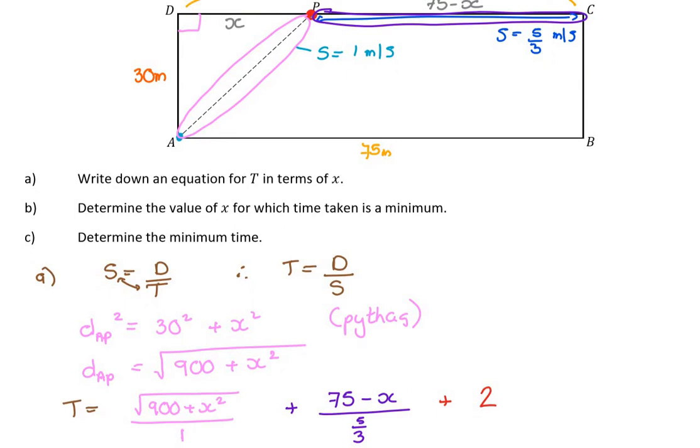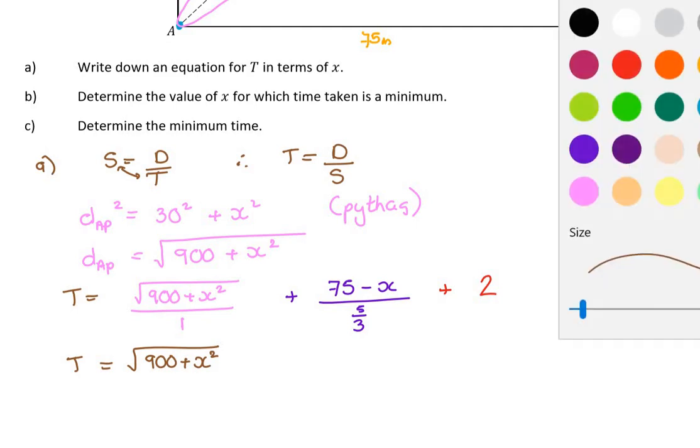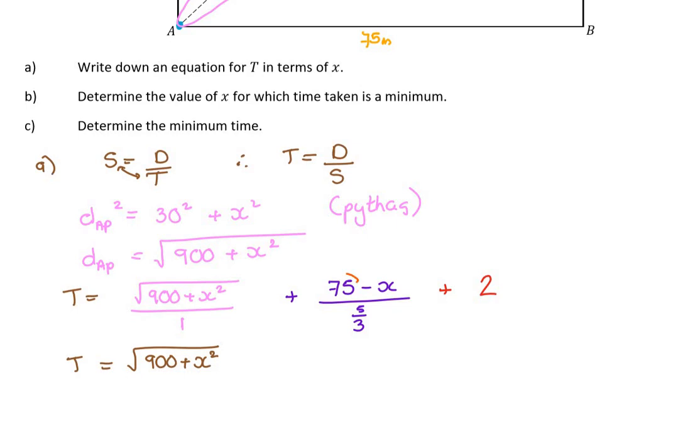Now, I probably would want to simplify that, only because I swear in the next question I'm going to have to work with that. So the first term I can't really simplify. It's just 900 plus x squared, although if I'm going to differentiate, I'd change that to an exponent of a half. And then basically I need to divide 75 by 5 over 3. So I would probably now split this by going 75 divided by 5 over 3, and then x divided by 5 over 3.